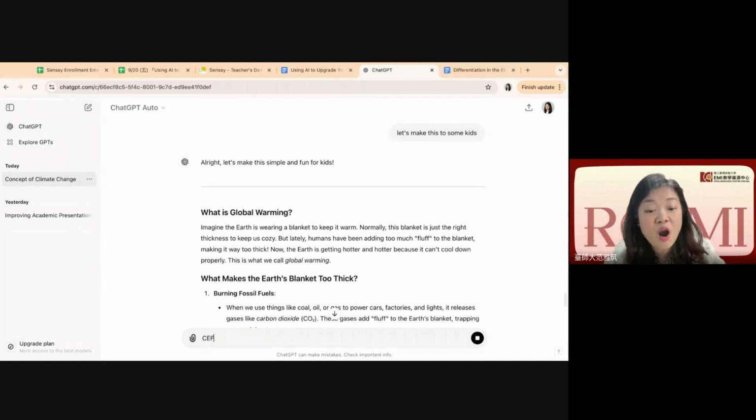If you are familiar with CEFR level, that is to say A1, A2, B1, B2, C1, C2, then you can actually use that level as a prompt to ask ChatGPT to help you to adapt the text into the right level.